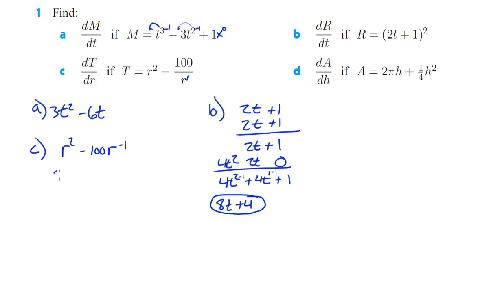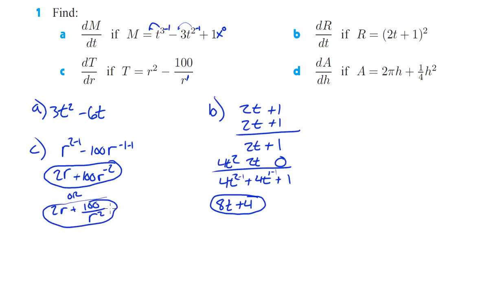So now we take the derivative, we get 2r, and then negative 1 times negative 1 is plus 100, and we subtract 1, so r to the negative second. And I'm fine if you just leave it like that. You could, again, rewrite it as 2r plus 100 over r squared. Either one of those is just fine.